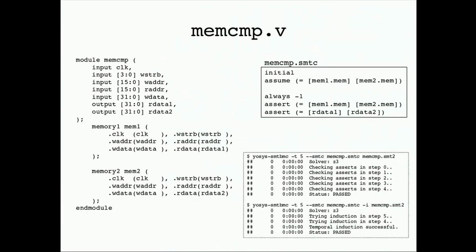Then we add this additional constraint file on the upper right, where we assume that in the initial state, the memories in those two instances are actually the same. And then for all the other states, we assert that they are still the same, and we also assert that they output the same value for the same input. And the input will be the same because the input ports are connected to the same top-level input.